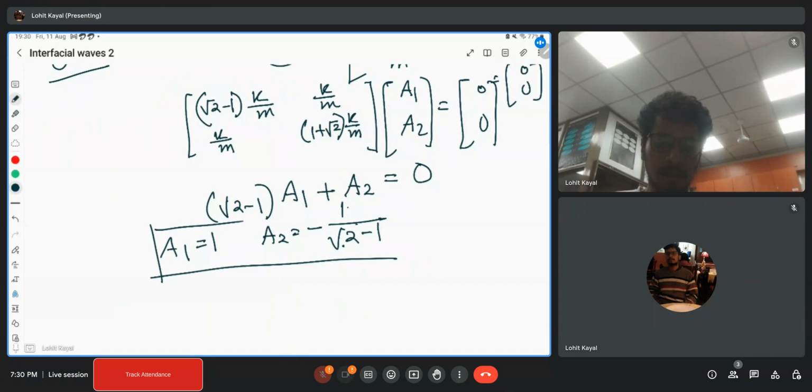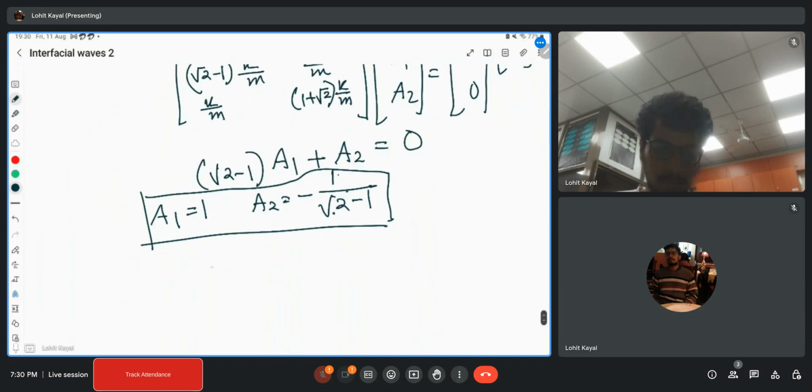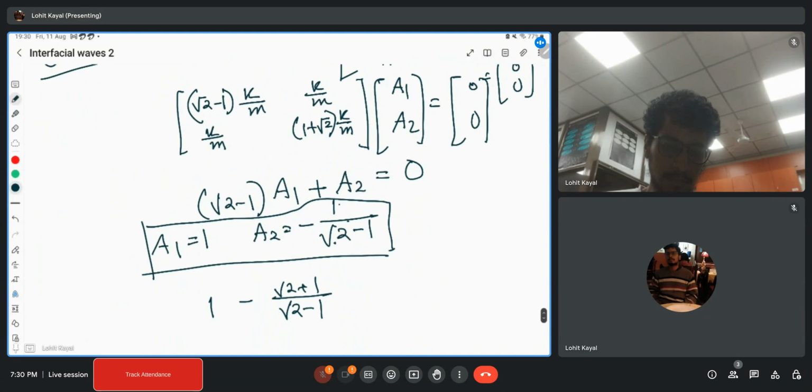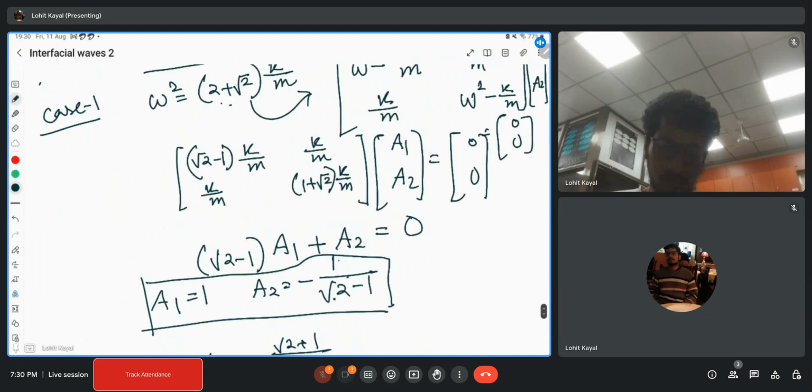Okay, so this is a complicated modal shape that you can easily see. Now if you substitute this in the equation, it will be 1. Okay, so yeah, you can see that there is probably a mistake I have made somewhere.